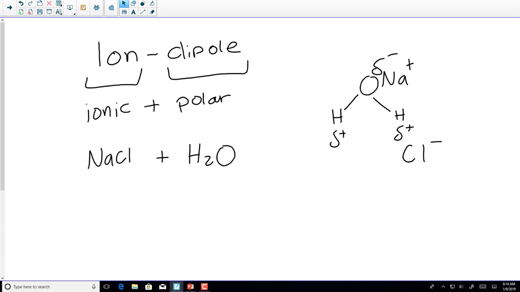So this is an ion-dipole interaction. And this is why water is such a good solvent, because it can dissolve not just polar things, but also things that hydrogen bond, and it can dissolve a wide range of ionic compounds. Not all ionic compounds, as we saw in chapter 4 when we had our solubility tables, there were ionic compounds that did not dissolve, but a lot of them do dissolve.